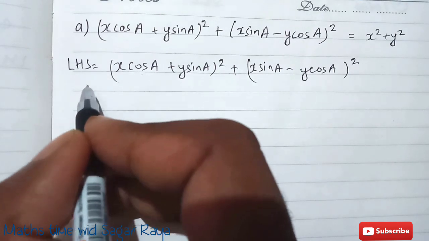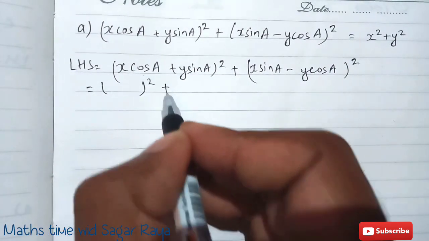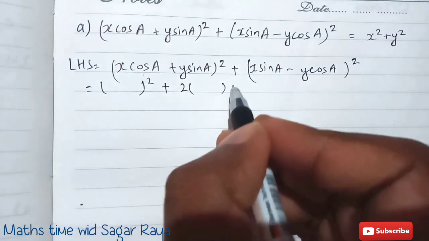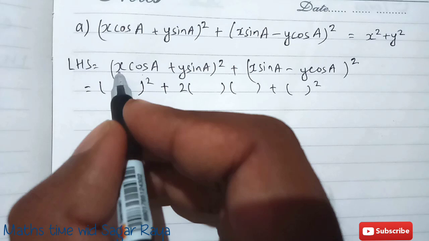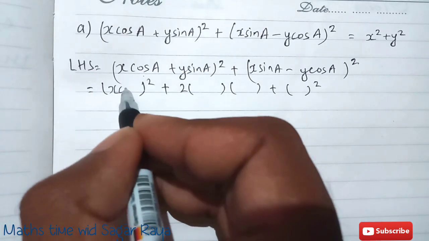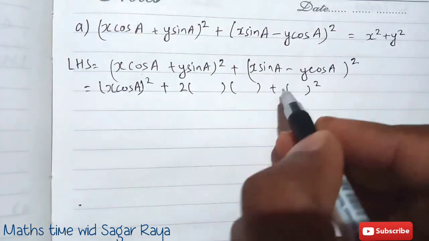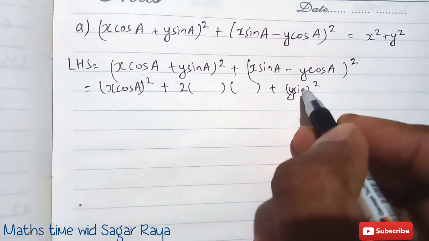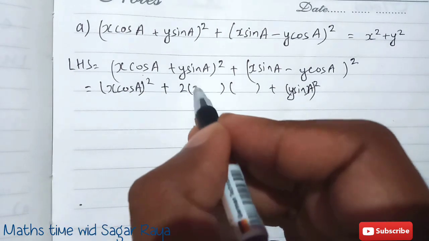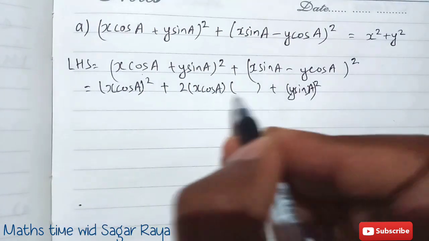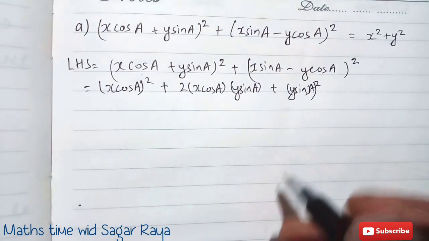The formula of A plus B whole square is A square plus 2AB plus B square. So instead of A I will write x cos A, and instead of B I will write y sin A. Here also instead of A I will write x cos A, and instead of B I will write y sin A.